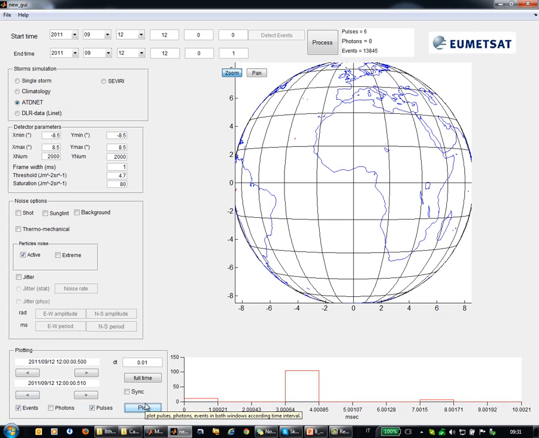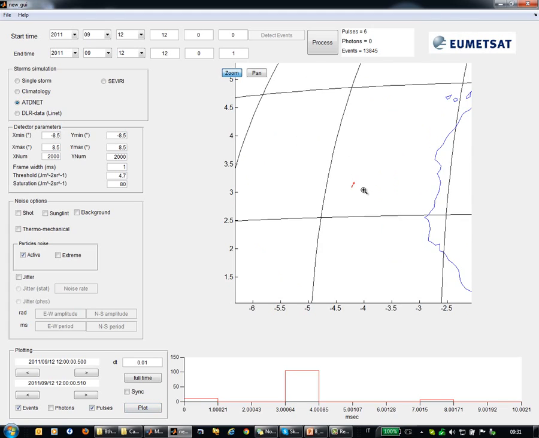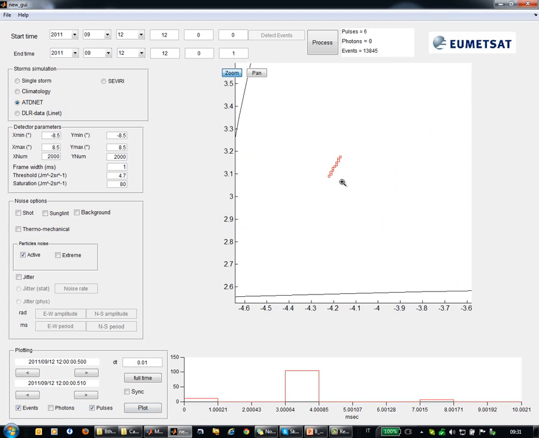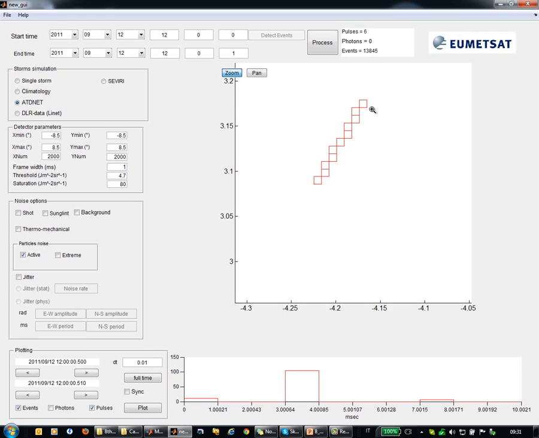You may understand that in 10 frames only these 2 points are affected by particle noise. So in principle it seems really a huge phenomenon impacting on the system, but if we consider 10 frames, there are only 2 particles in a usual environment, in a mild environment, at geostationary level, that will afflict the instrument.